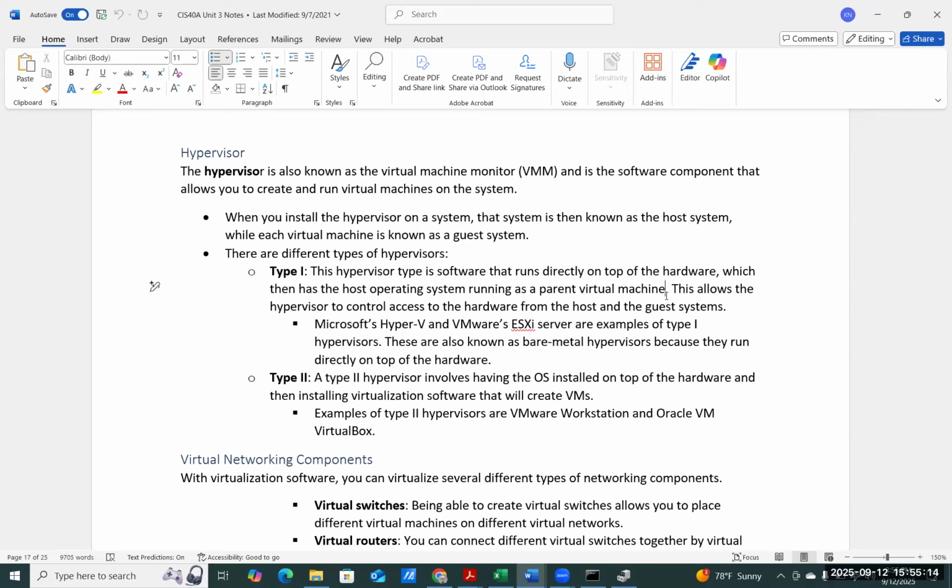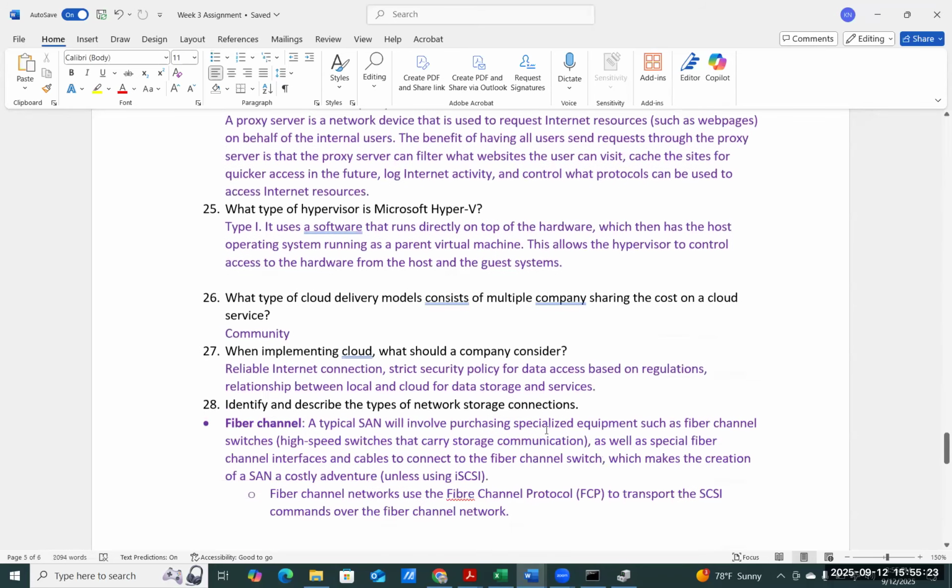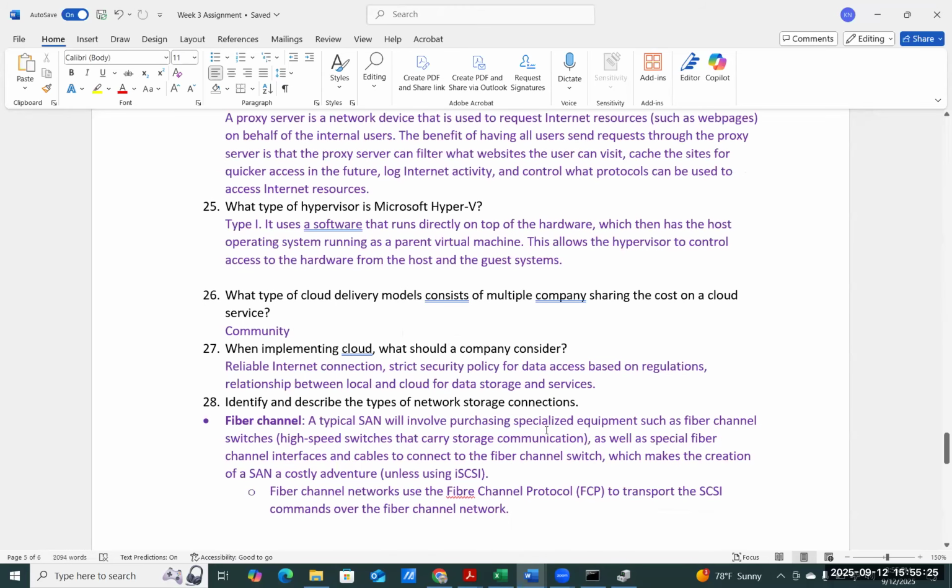Okay. So let's answer some questions. Okay, so 25. Type 1 uses software that runs directly on top of the hardware, and we would use this with Hyper-V. Okay, Hyper-V is a type 1 version of virtualization.